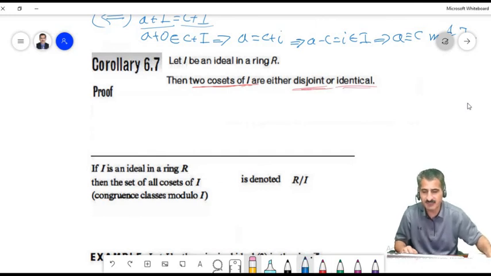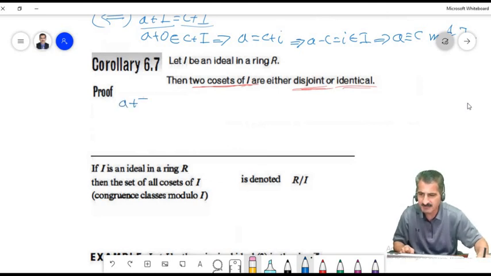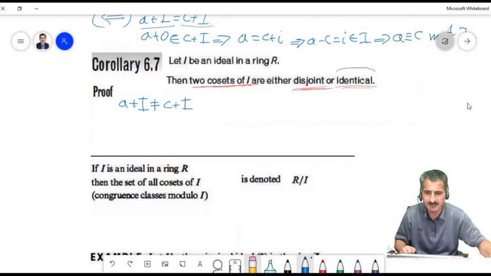So to make a quick sketch for that, let's say A plus I does not equal C plus I. So they are not identical, we are saying. Then we want to show they are disjoint.